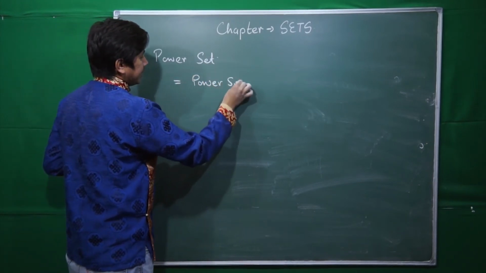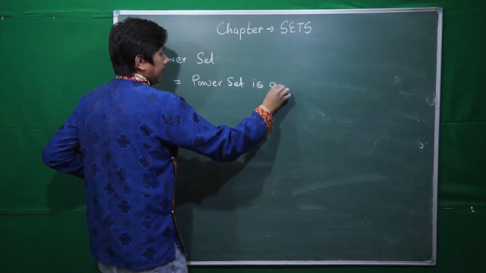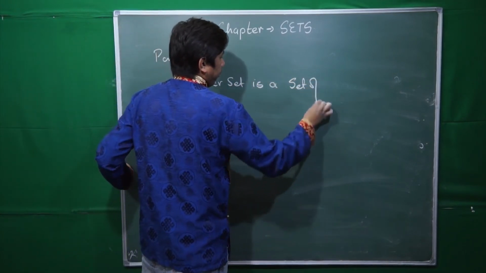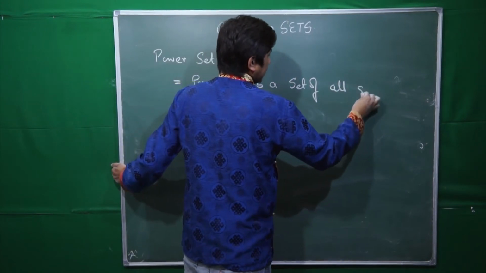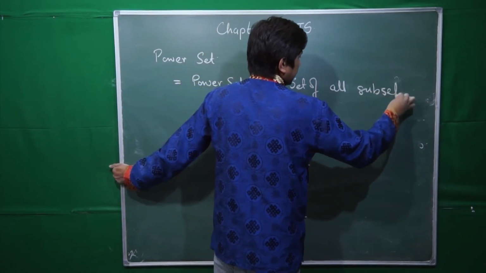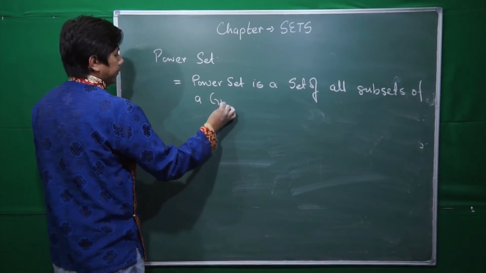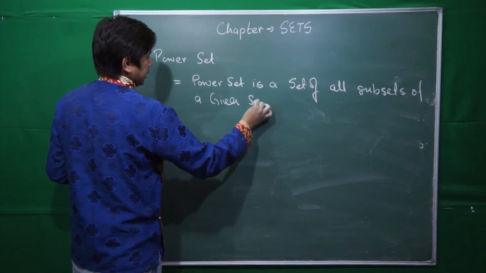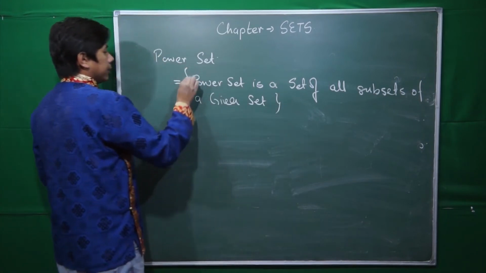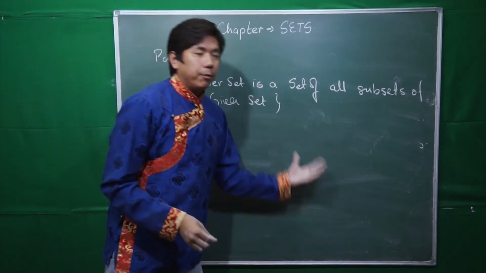Power set is a set of all subsets of a given set. Okay. Now this is the definition of power set, but what does that mean?